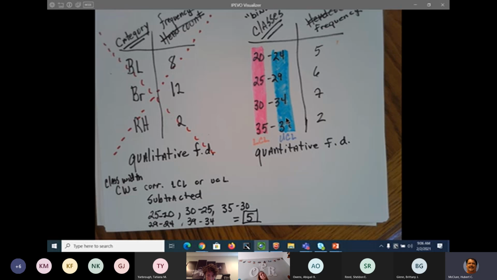Can anybody tell me how to find the total that's in the group? How do we find the total? How do we find how many people are in the blondes, brunettes, and redheads? And how many people are in the ages? What do we do to get the total?